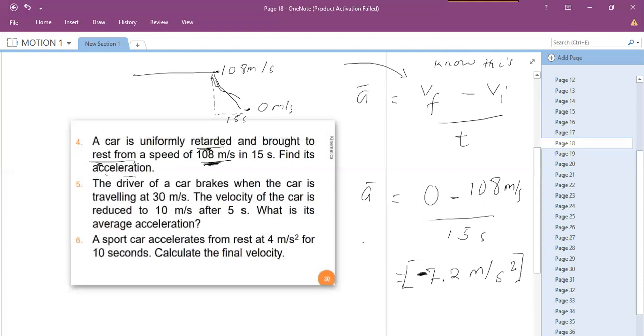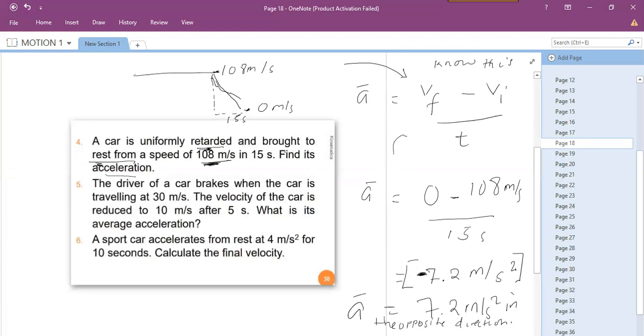No wonder the acceleration is coming out negative, because the negative means it's in the opposite direction. You just get the modulus and say acceleration is 7.2 meters per second squared in the opposite direction. So here you've added your magnitude and also your direction.